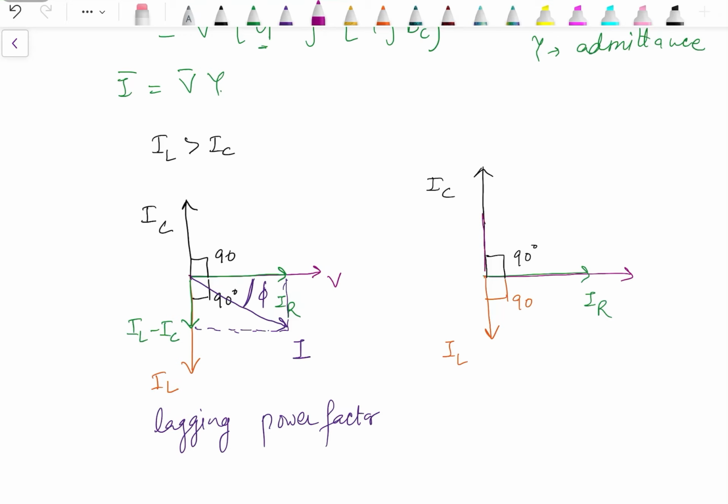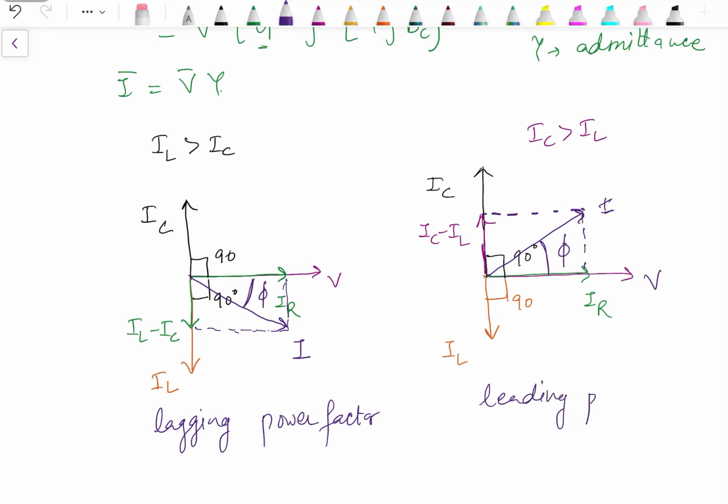IC minus IL will be in the same phase as IC, since in this case we have considered the case when IC is more than IL. Now the resultant of these two is the total supply current I. From the phasor it's clear that this current I leads the voltage V by angle phi. So this is a case of leading power factor.